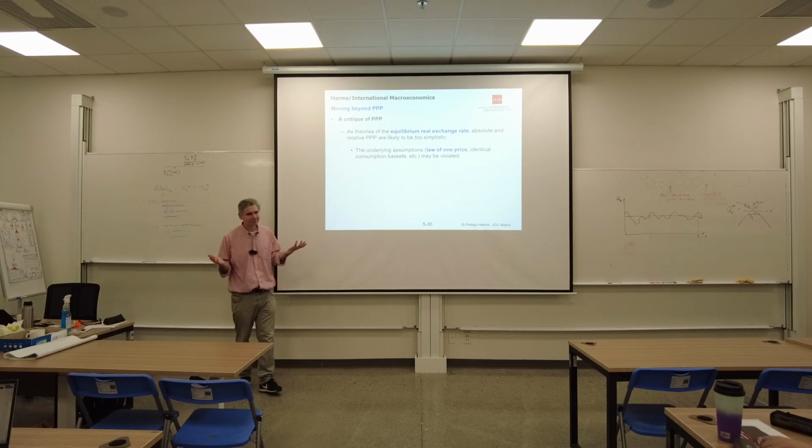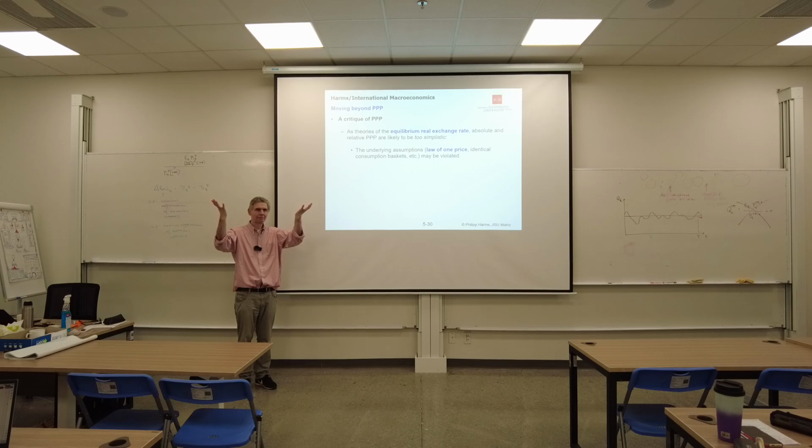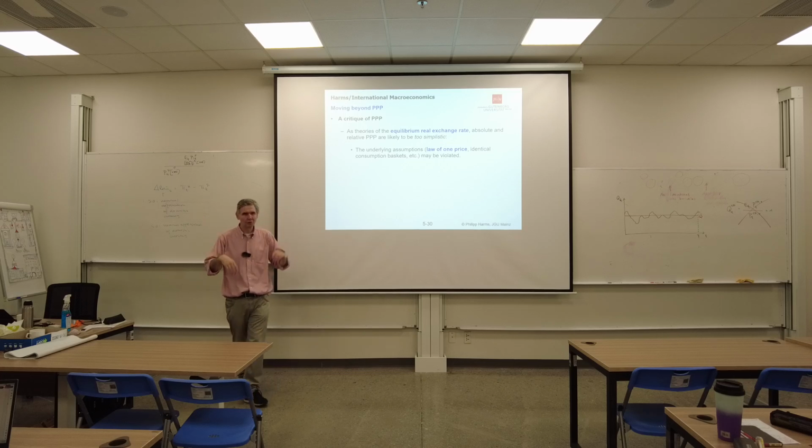I mean, take the current US president. He raises trade barriers. That means that there will be different prices in different countries, right? If you have to pay a 35% tariff or a 50% or whatever, 64% or whatever, then of course it's not surprising that the law of one price fails.